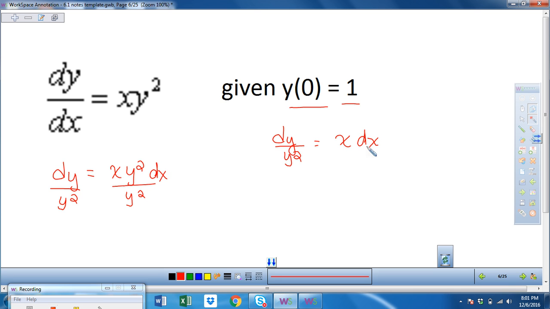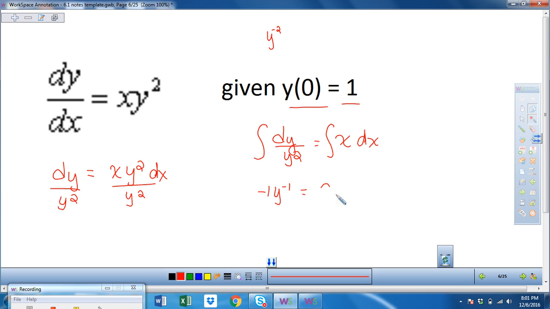So I've separated my variables. I have all the y's on one side, all the x's on the other side, and to find y, I integrate the function. So to integrate dy over y squared, remember we can write that as y to the negative 2. To integrate that, I add 1 to the exponent, so I get y to the negative 1, and then I divide by negative 1.